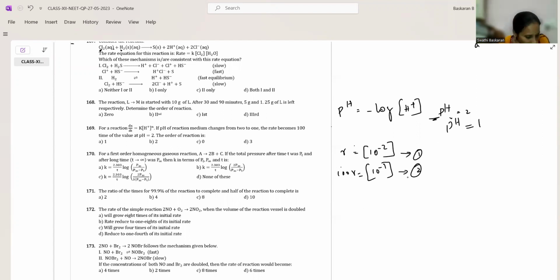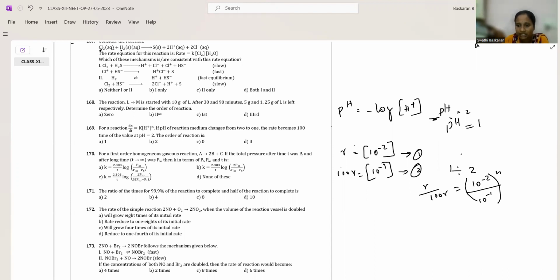So once again, like our initial rate method, we will divide equation 1 by equation 2. So what will happen basically? R by 100 R is equal to 10 power minus 2 divided by 10 power minus 1, whole power n. So where n is determined.